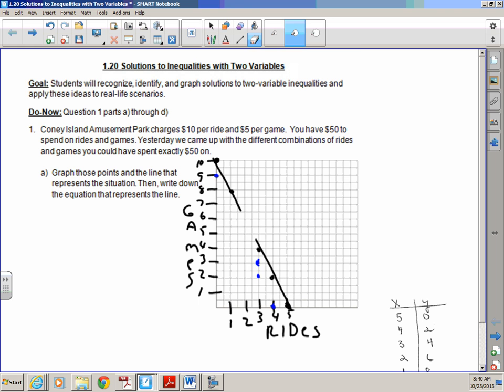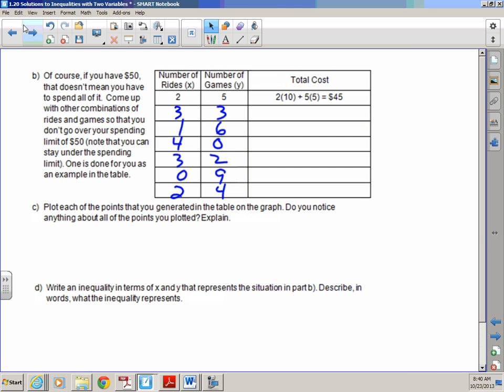As my line disappears a little, sorry about that. Hopefully you'll notice, which is what the next question prompts you: what do you notice about all of those points that we just graphed? Or if you had different ones, what do you notice about them?